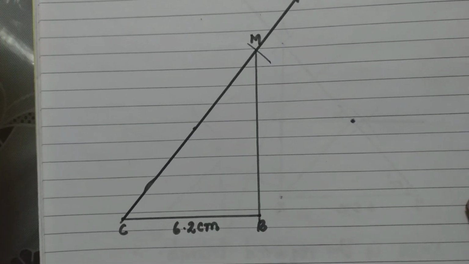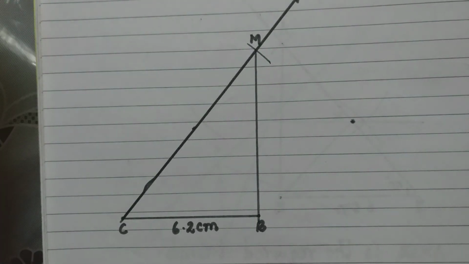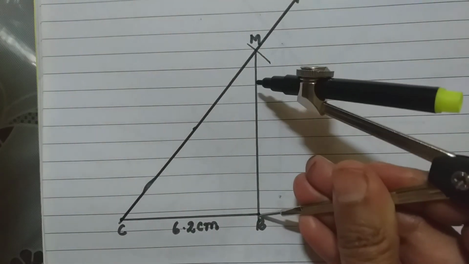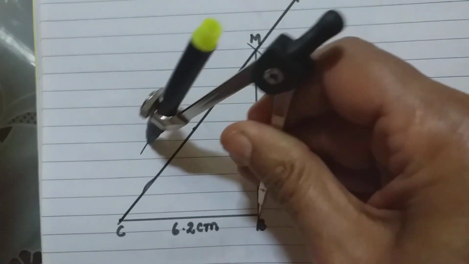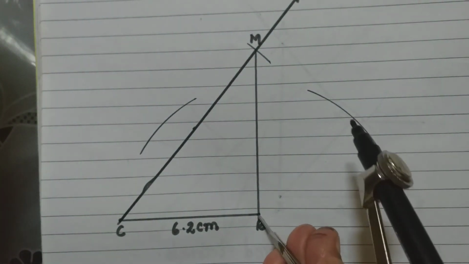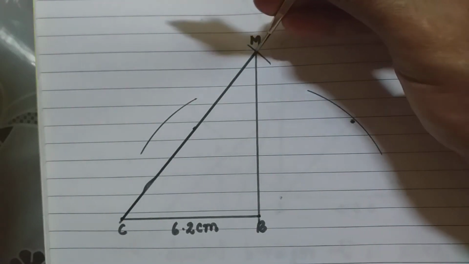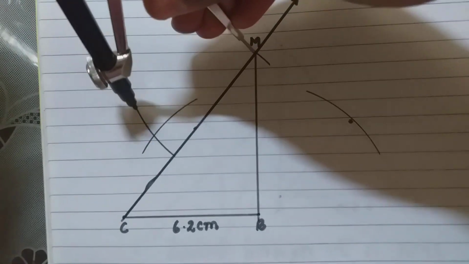Now what is the next step? To draw the perpendicular bisector of the side BM. So we take the rounder and take a radius more than half of BM and draw an arc above and below the line segment BM. Again, from the vertex M, cut these arcs.